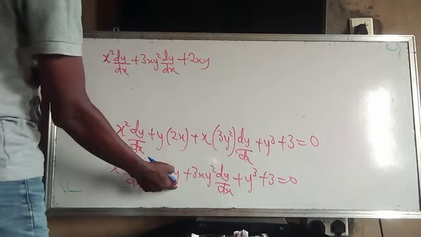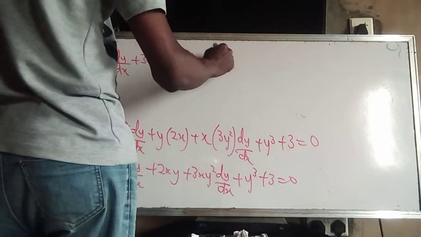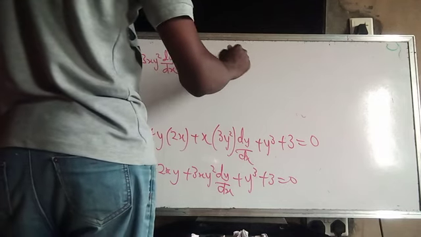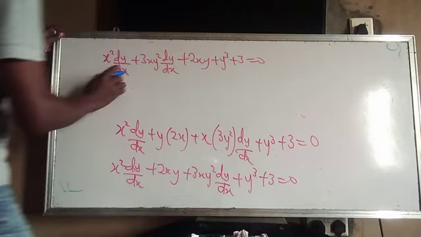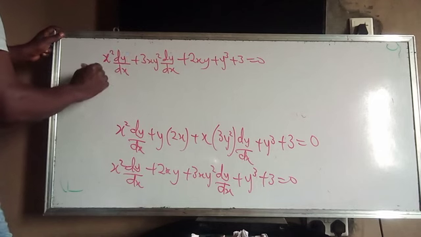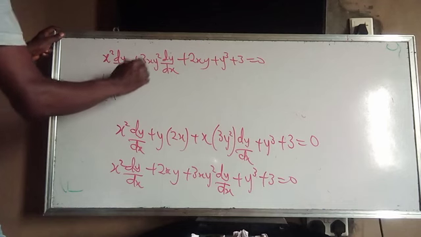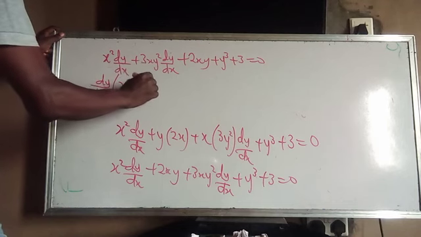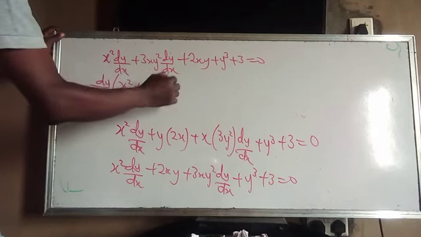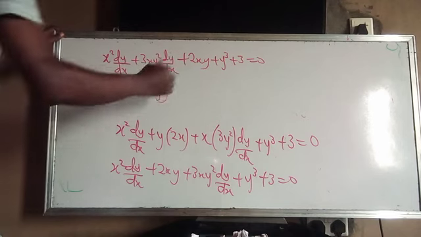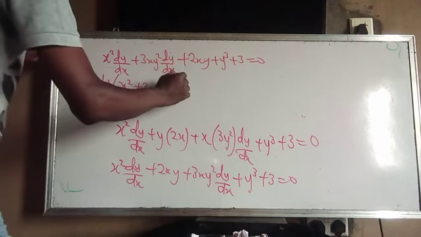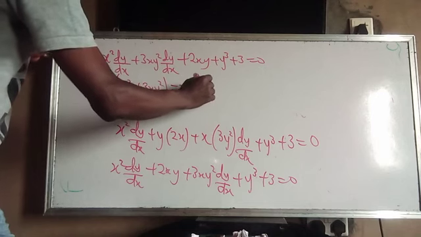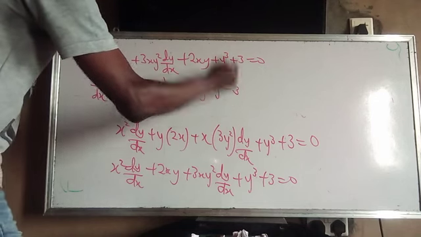Then plus 2xy plus y cubed plus 3 equals to 0. So dy/dx is common. So dy/dx, we factor it out. We have what left here? x squared plus 3xy squared. No more dy/dx. So it will be better we take the other ones to the other side without wasting our time. Minus 2xy minus y cubed minus 3.